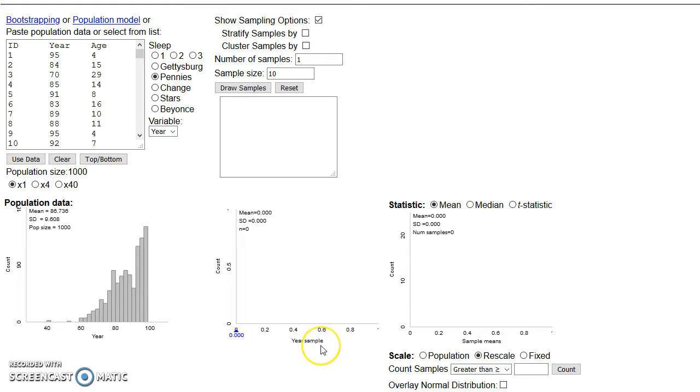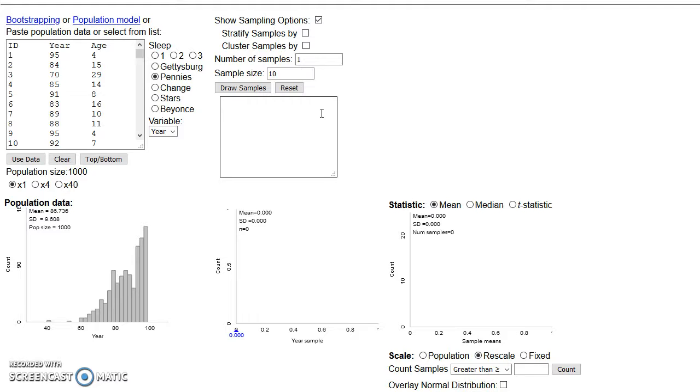Here we're going to see our sample data, and then here it's going to collect all of our sample means and start to assemble the sampling distribution. We'll also see the mean, standard deviation, and sample size of each sample, and the mean of the sampling distribution, the standard deviation of the sampling distribution, and the number of samples that we've taken.